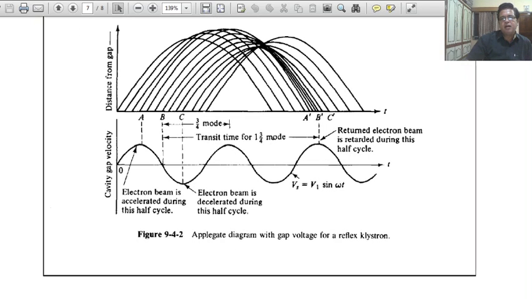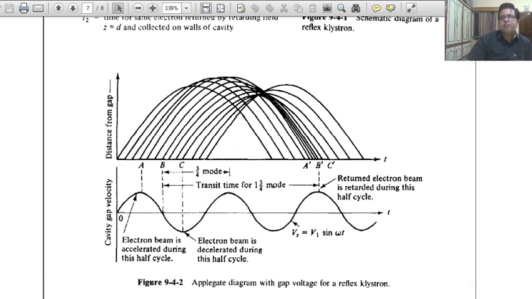This is the similar applegate diagram which we will understand later. This is the potential at the cavity gap, the cavity gap velocity, and this is the potential that is applied to the cavity.